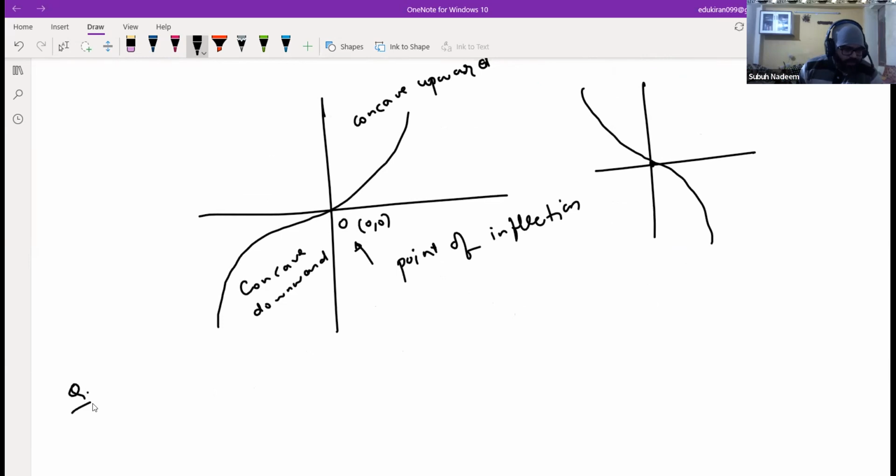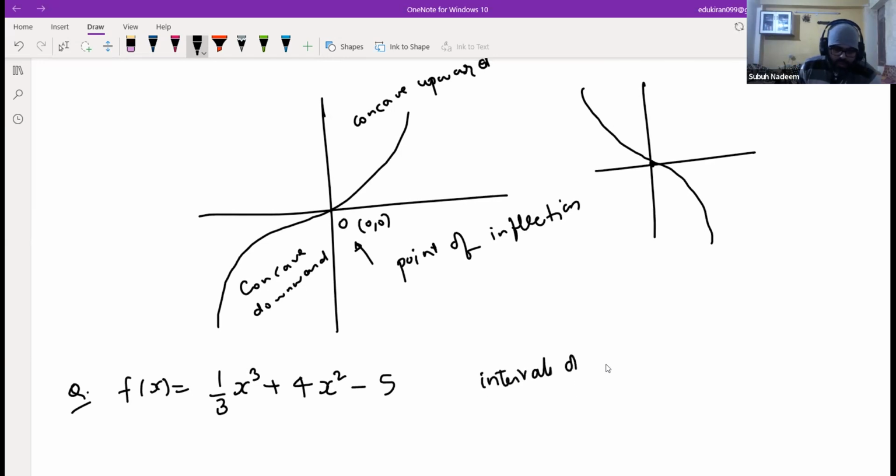So the question that they have given is f(x) is equal to 1/3 x cube plus 4x square minus 5. And you have to find the intervals of concavity.